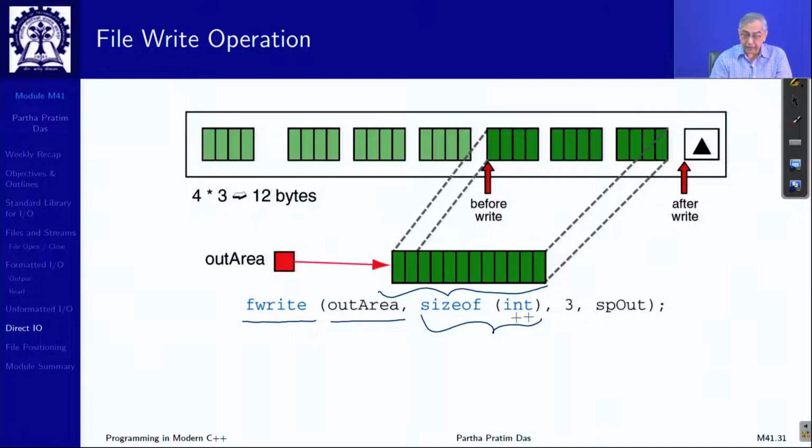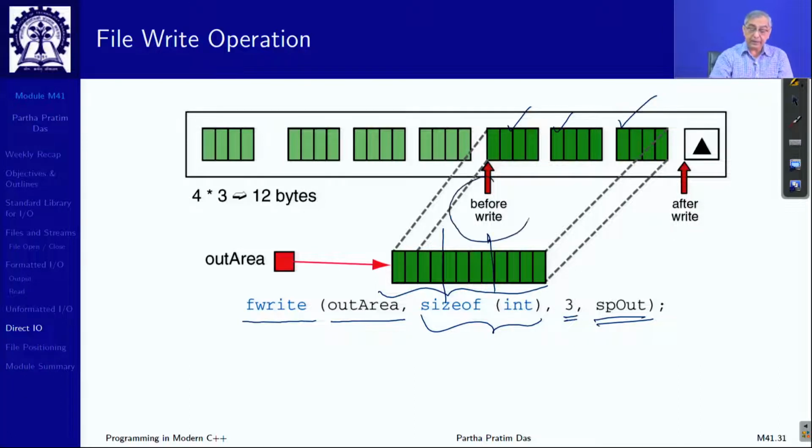There are 3 units, and every chunk has to be sizeof int, say 4 bytes, and there will be 3 such, and it has to go to this stream. So it takes 3 chunks of ints and puts them to the output. That is a basic operation.